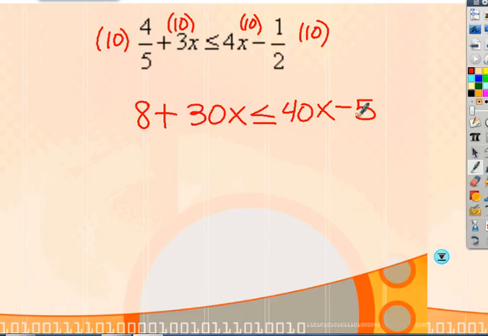Now that you've removed your fractions, you can solve as usual. Get your variables to the left side and the constants to the right.